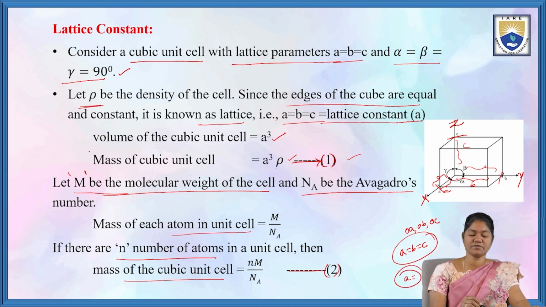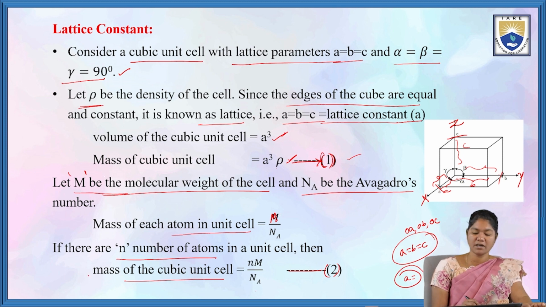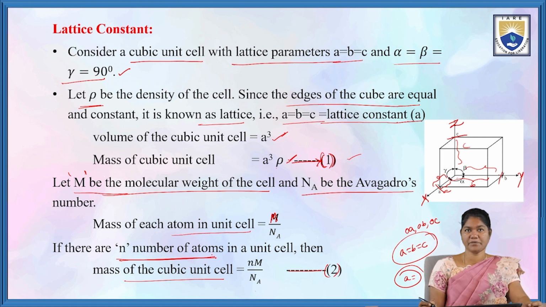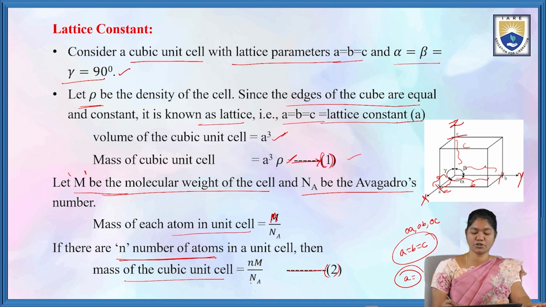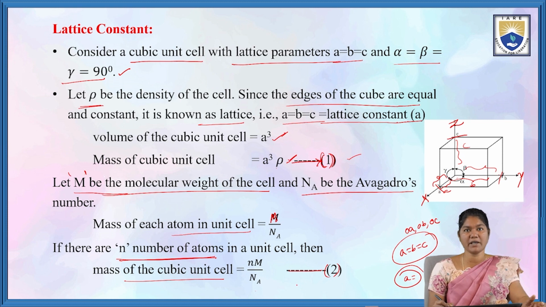For that, first we have taken the volume and then the density, so that the mass of the cubic unit cell is a cube into rho, taking that as the first equation. Then the mass of each atom is M by Na, where M represents the molecular weight of the cell and Na is the Avogadro's number. Taking n as the number of atoms in that unit cell, the mass of the cubic unit cell is nM by Na. Equating expressions 1 and 2, a cube rho is equal to nM by Na.